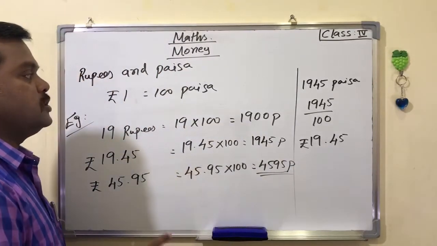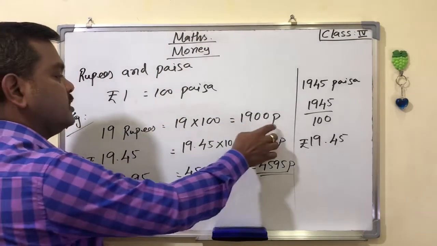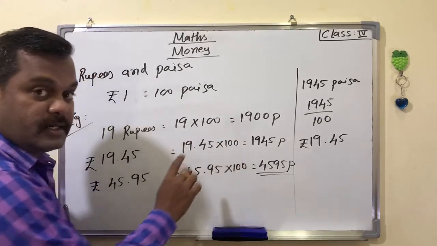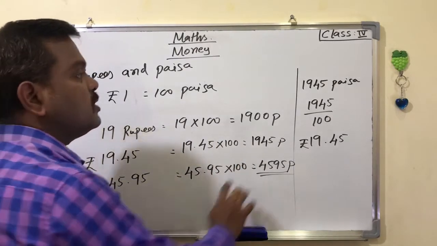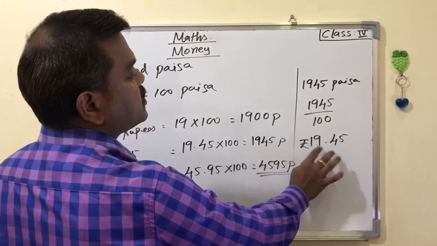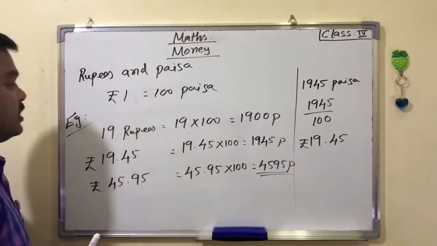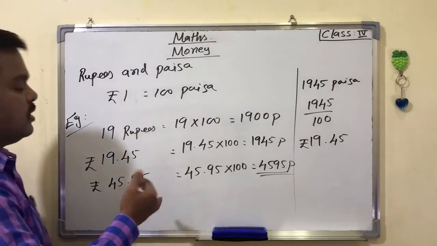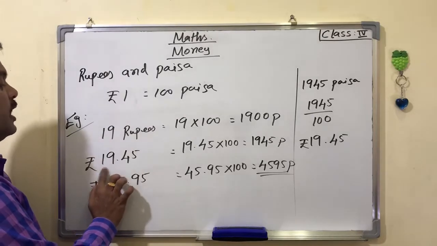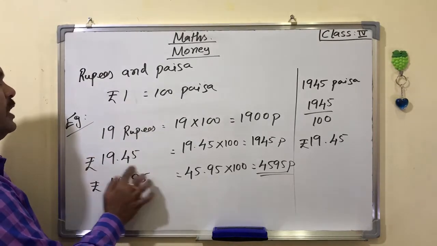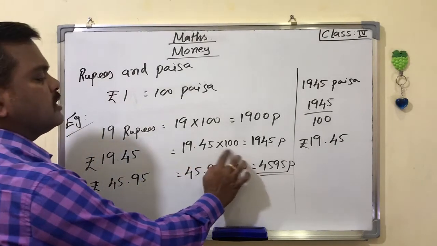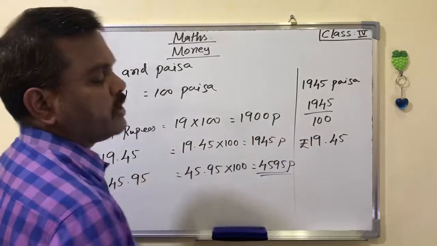Our concept is to convert rupees to paisa, multiply by 100. To convert paisa to rupees, divide by 100. Sometimes questions like this will also come: 19 rupees 45 paisa, rupees 19.45. Same procedure, just multiply by 100 and you will get the answer.